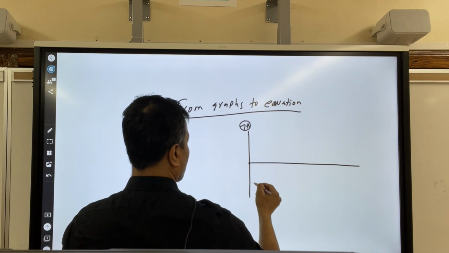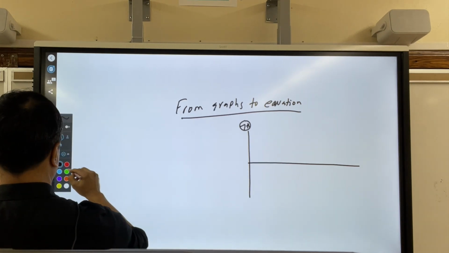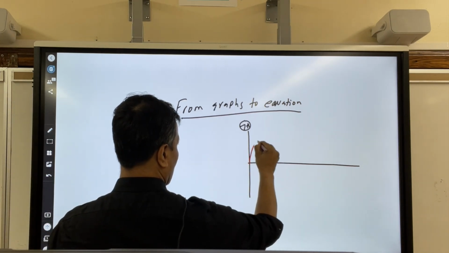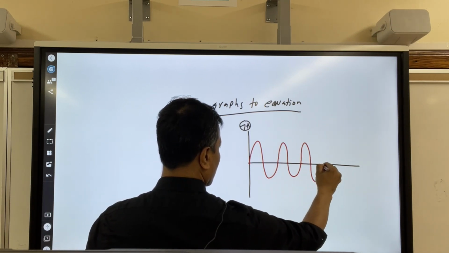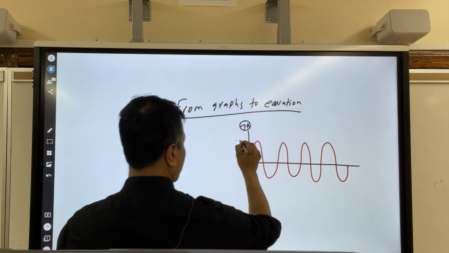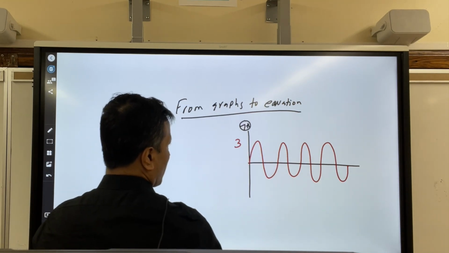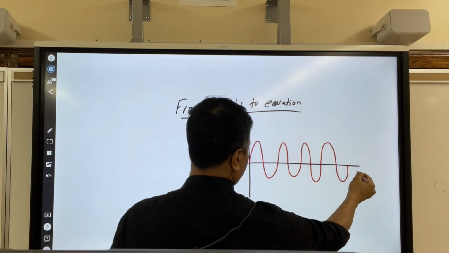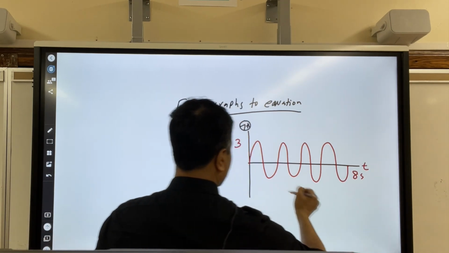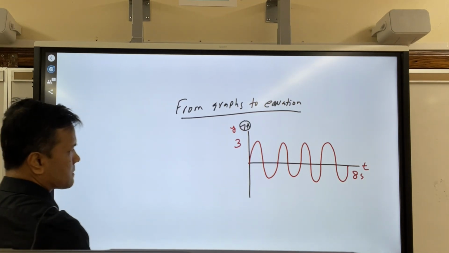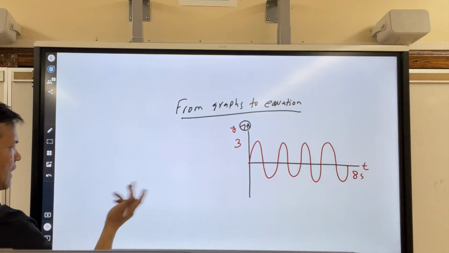I'm going to give you a graph, 4 cycles maybe. 1, 2, 3, 4. Let's say 3, and let's say 8 seconds. By the way, I have to mention that second. This is t, this is y.